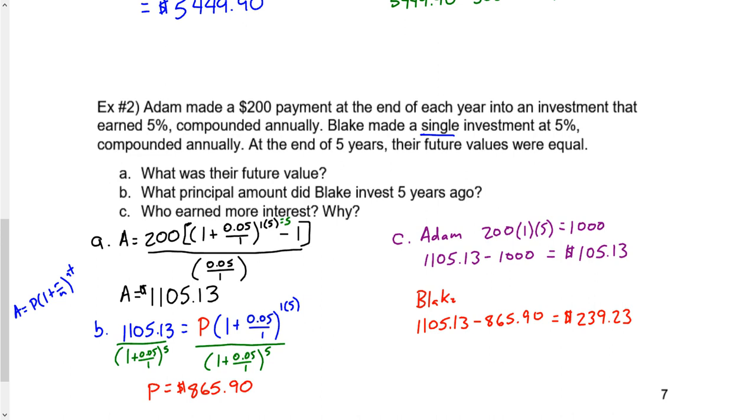So who had earned more interest? Well, obviously, Blake did. But why? Well, here's the reason. Blake had been able to invest a larger amount and leave it in his account for 5 years, whereas Adam was only able to save $200 a year. Because Blake had been able to invest a larger amount, he had a larger initial investment.